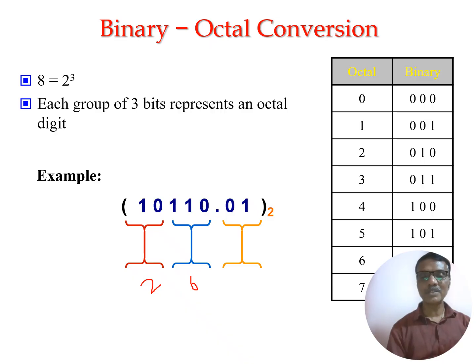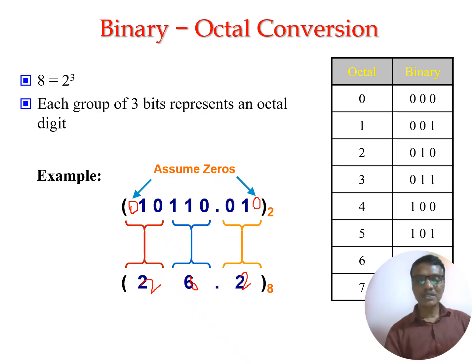So third bit will be considered as 0. So wherever finding empty space, we will consider as a 0. And then 0, 1, 0 means 2. So like this, 26.2. 26.2 is its equivalent octal number. So given binary value is equivalent to octal value 26.2.